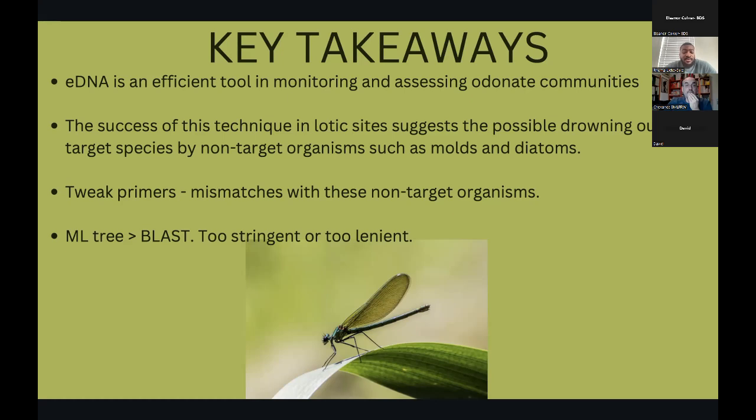We had a lot of cases where we had fish amplifying, mold amplifying, diatoms amplifying, diptera amplifying, but we had poor amplification with our dragonflies. So we will need to redesign new primers to give us optimum yield for our dragonflies.